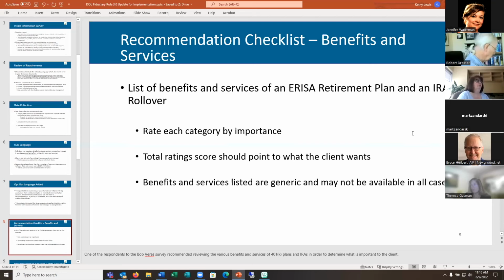And so if they go through, and I'll show you the checklist in a moment, but if they go through this checklist and you see that what they really want is to be able to take loans, they want to have an employee match, they want to take advantage of pre-tax contributions, they're really leaning towards staying in their plan. Whereas if they choose the other side of the chart, then they're leaning more toward moving into an IRA.